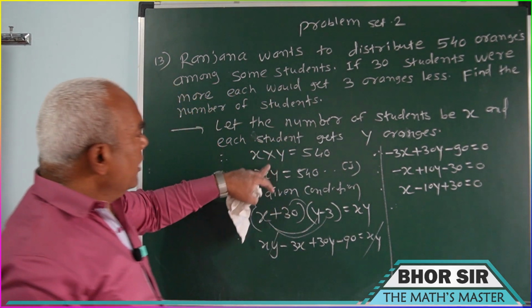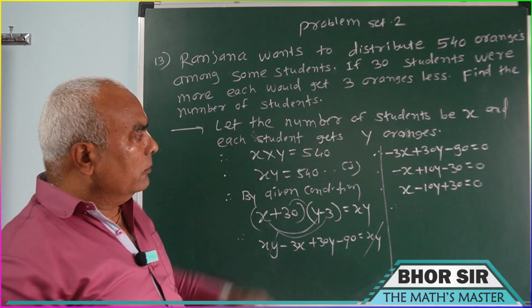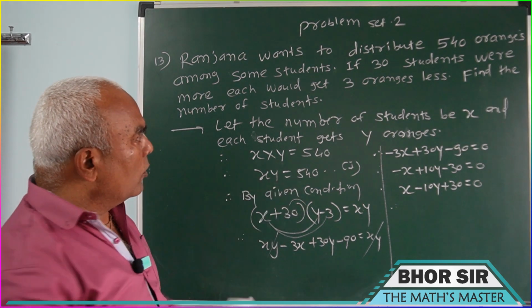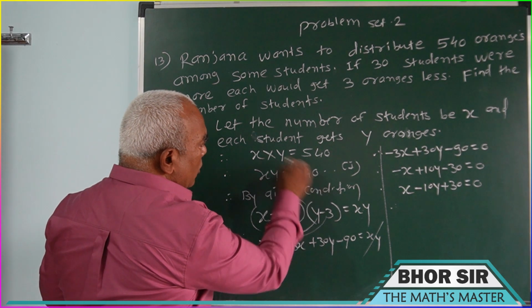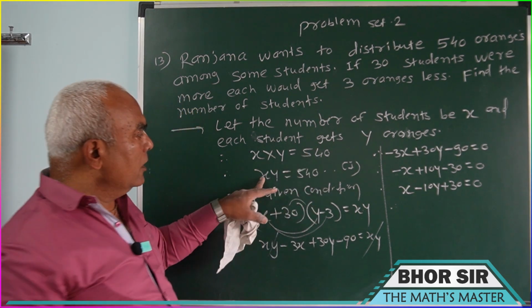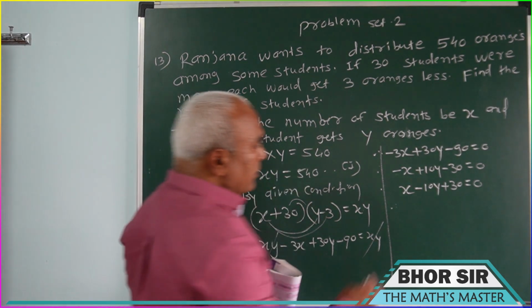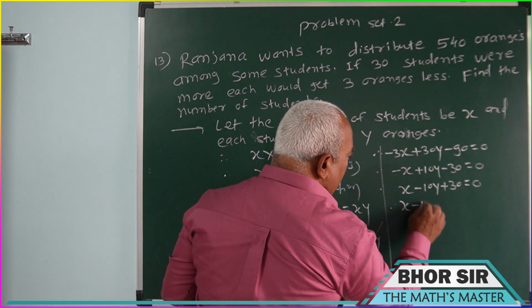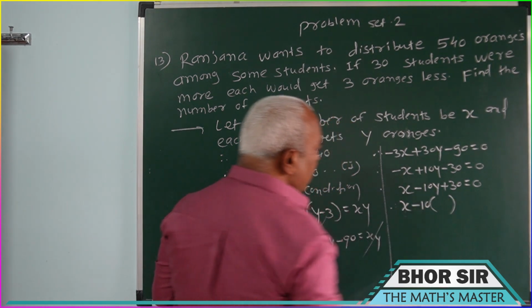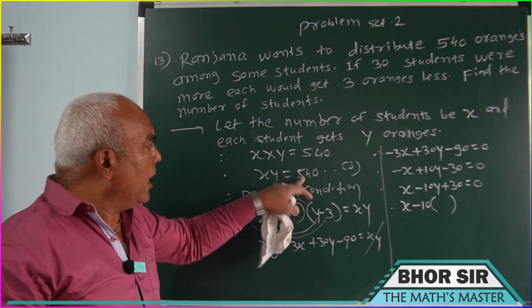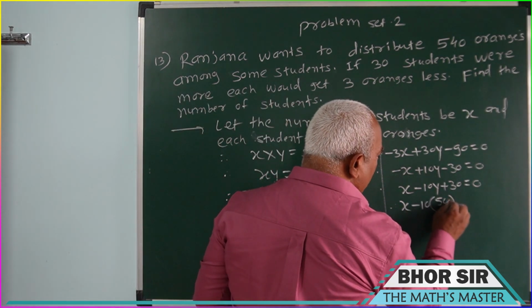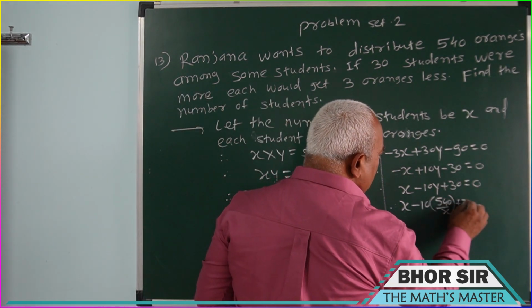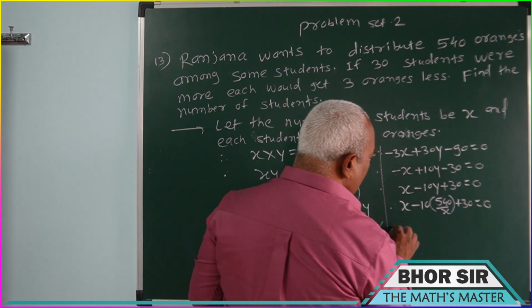Now see here, xy is how much? 540. As xy is equal to 540, we can replace y with 540 upon x, or x with 540 upon y. Anyway, we can replace y only. Minus 10 in brackets, y means 540 upon x, plus 30 is equal to 0.